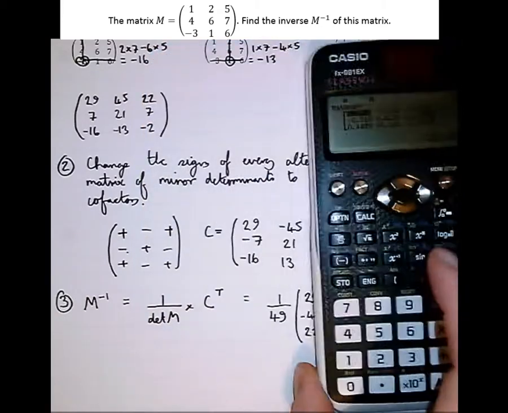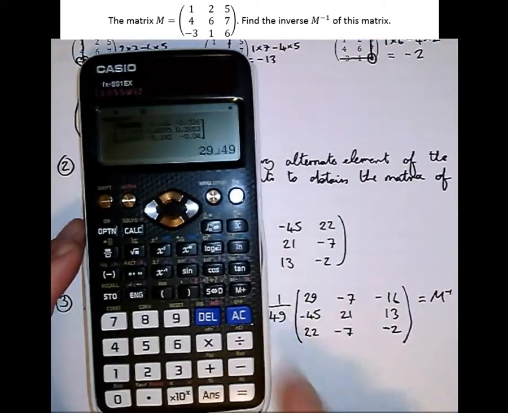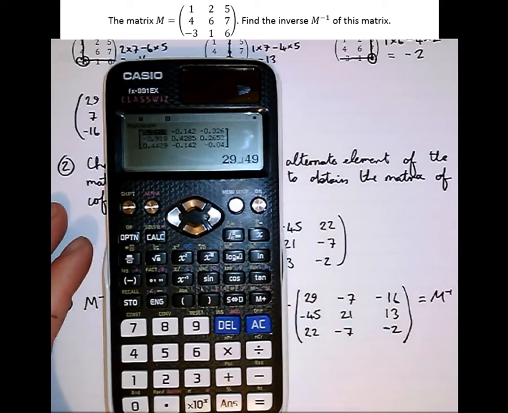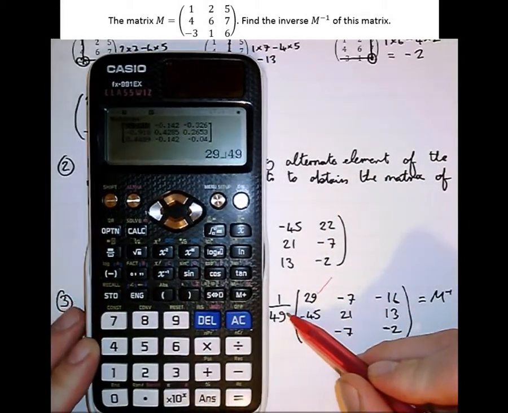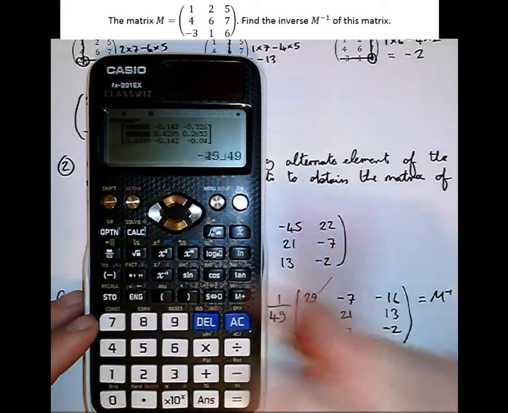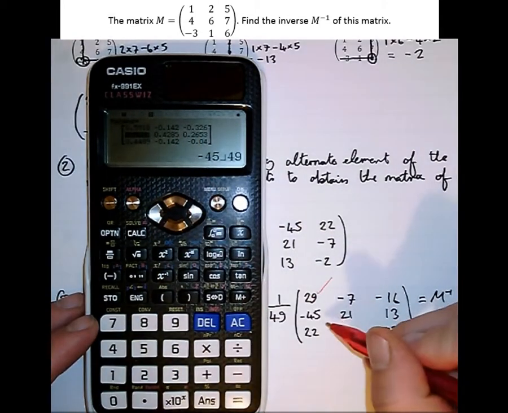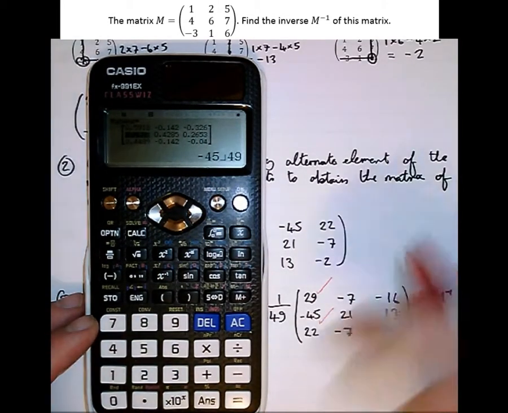So the first one, top left item, as we can see here, it's highlighted 29/49. So yes, that's correct, 29/49. Scroll down, -45/49, yeah.